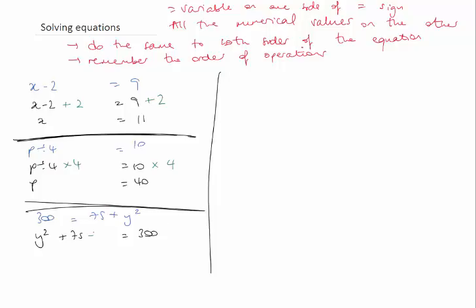And I need to subtract 75 from both sides to get y on its own there. So that gives me y squared equals 225. And then now I want to get rid of the exponent of the squared, so I'm going to do that by doing the square root, and I need to do the square root of both sides. So that leaves us with y being equal to 15.